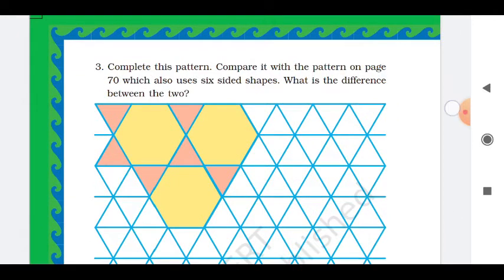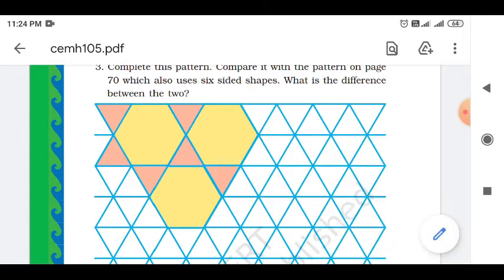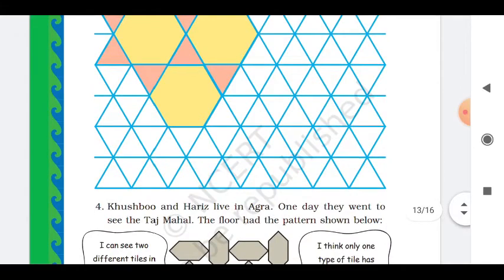So small triangles. See, small triangles, they gave a gap and some design they made, that's it. So in the middle they arranged small triangles. Okay, so it is also one type of tiling pattern. So like that you have to draw here and you have to color that, same as this only.